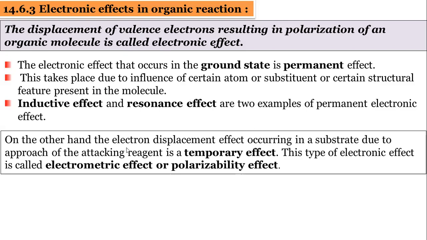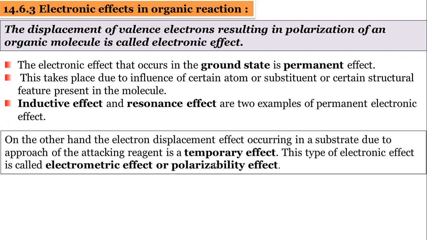On the other hand, electron displacement effect occurring in a substrate due to the approach of attacking reagent is a temporary effect. So electronic effect may be permanent or temporary. These inductive effect and resonance effect are the permanent effects, remember.